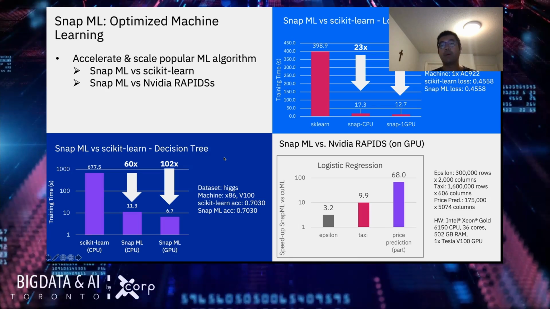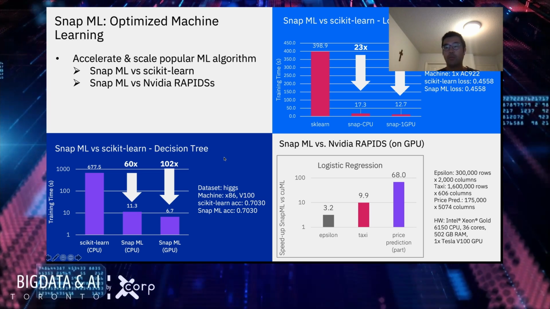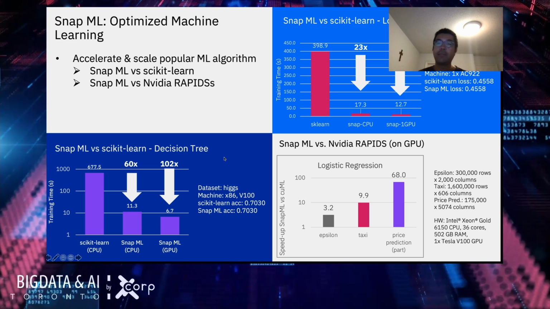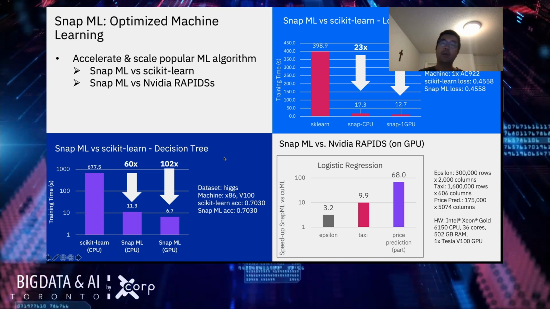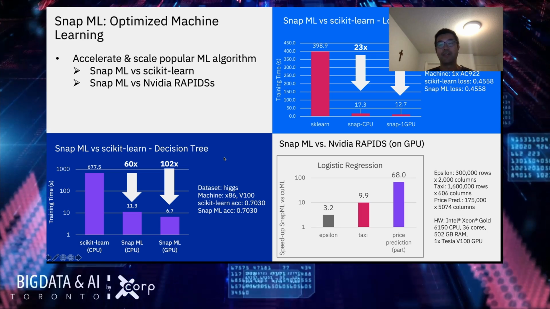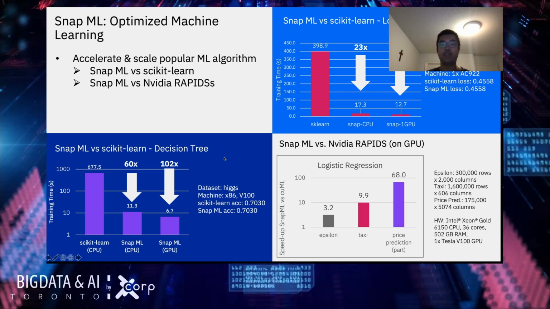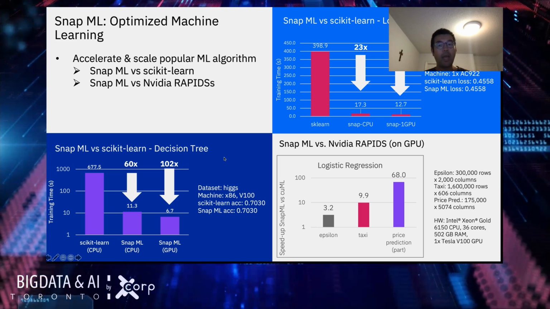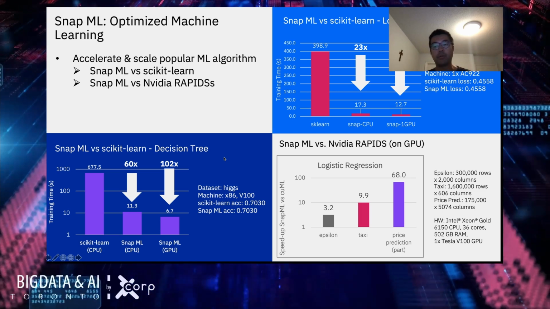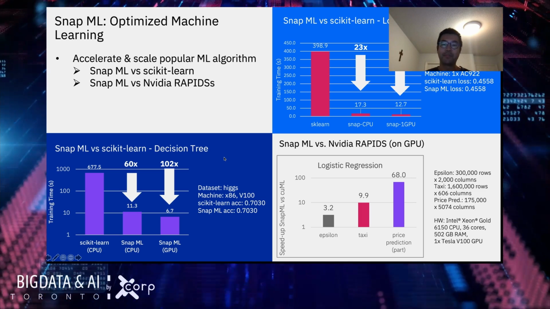I would like to wrap up our presentation with one last topic. StepML is a Python library for high-performance machine learning training. It offers state-of-the-art CPU performance, with additional support for GPU acceleration.